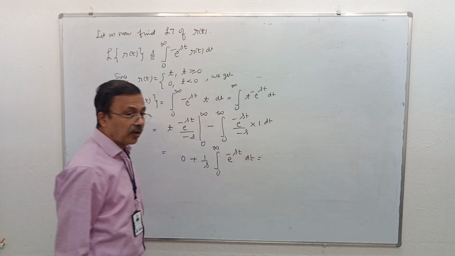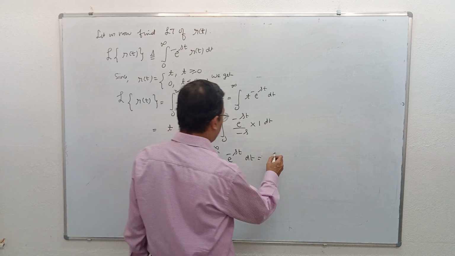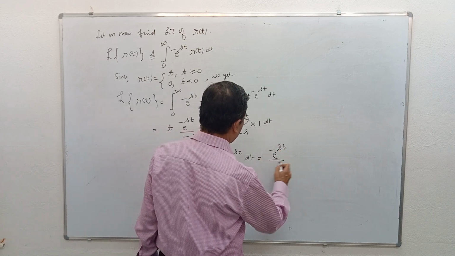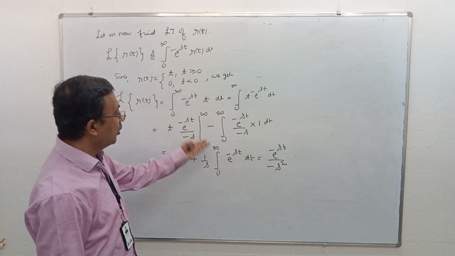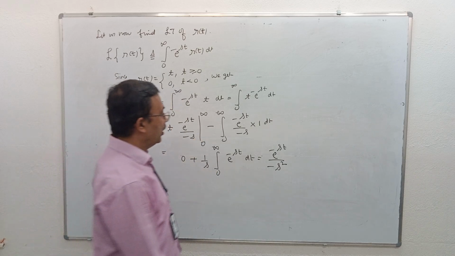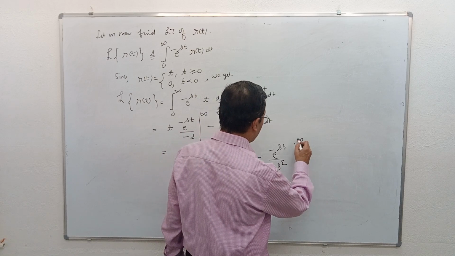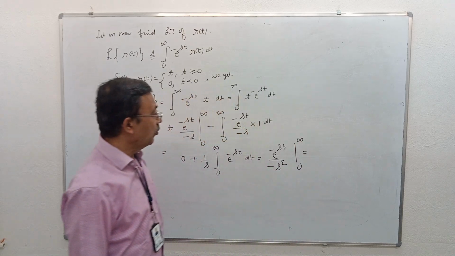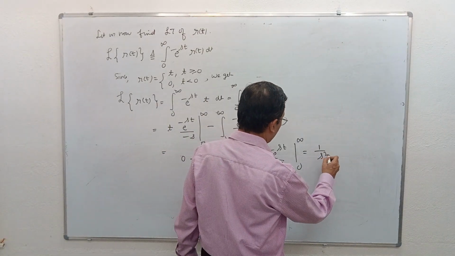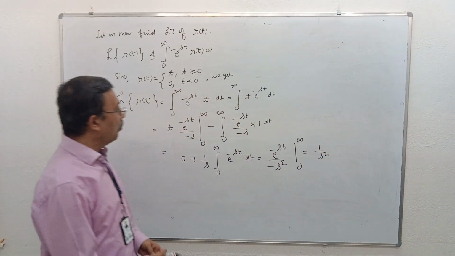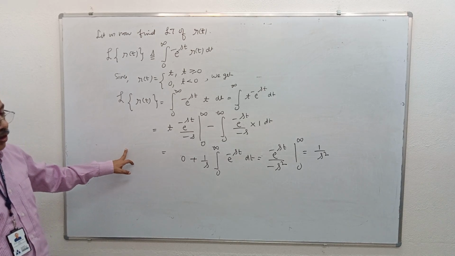Come on, integrate e to the power minus st. If you integrate, you get e to the power minus st by minus s. 1 by s into minus 1 by s gives minus 1 by s square. Limits from 0 to infinity. e to the power minus infinity is 0, e to the power 0 is 1, so you get 1 by s square. So Laplace transform of ramp function is 1 by s square.